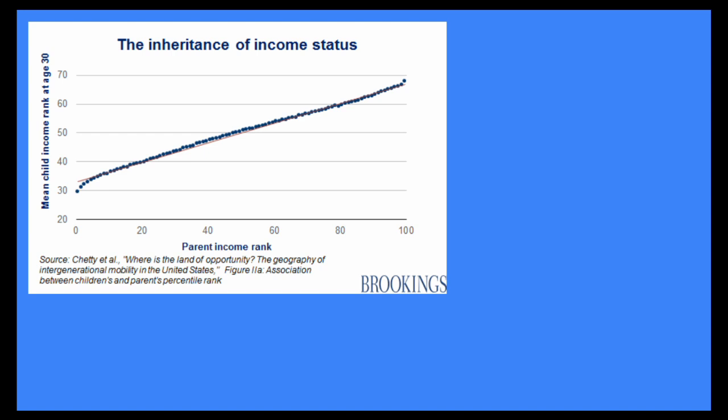A parent, for example, at the 60th income rank is probably going to have children who, on average, will be at the 50-something rank by age 30, kind of indicating that the children are doing moderately as well in some cases, if not worse. This is the complete antithesis of what would be expected from the American dream, where children would be performing better, right? Would be better off than their parents and have a high likelihood of being better off than their parents. Actually, that likelihood is not that high at all.